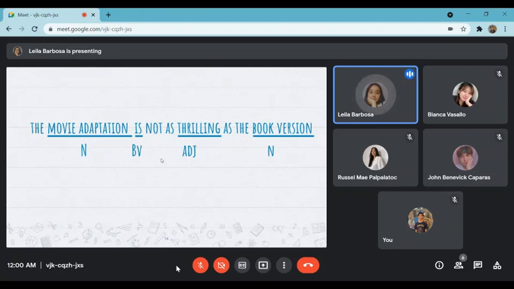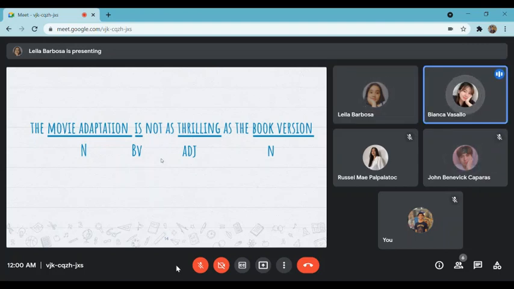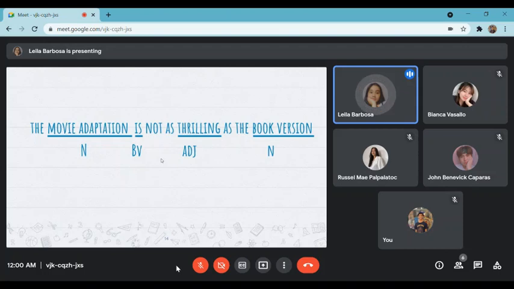Movie adaptation is a noun, is is the be verb, thrilling is the adjective, and book version is a noun. What do you notice in the sentence? Ma'am, yes, Bianca. There is a comparison between the nouns in a negative way. Okay, that's correct.